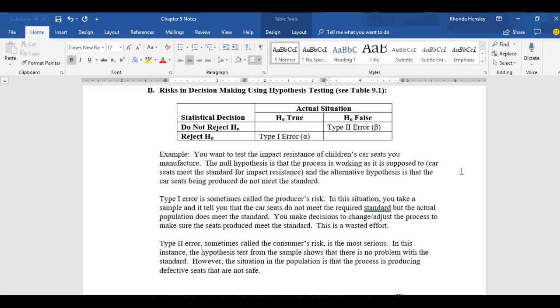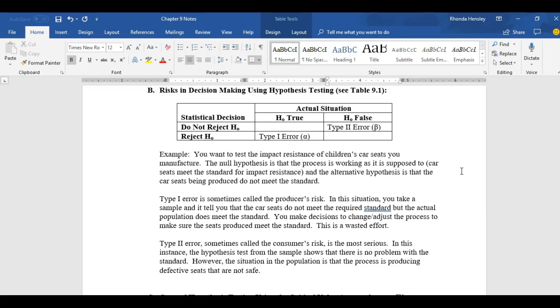So in a type 1 error, which is sometimes called a producer's risk, we take our sample. It turns out the sample is not really representative of what's in the population, and our sample tells us that the car seats do not meet the standard. So at that point, you get your sample back, you say, oh, I've got a problem, shut down my production process, fix it, do whatever I need to do to fix the process.